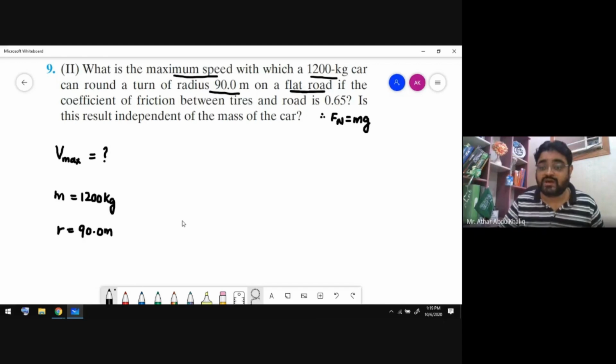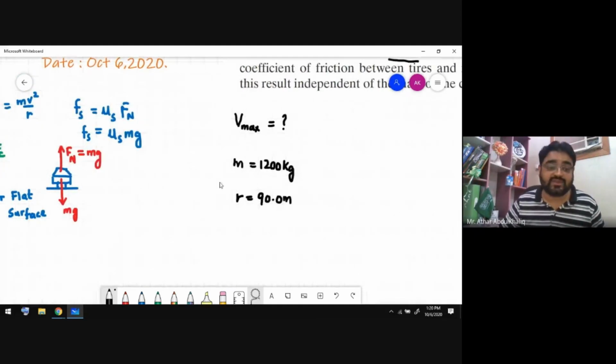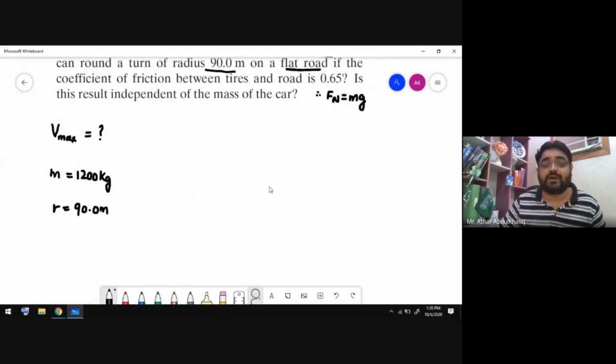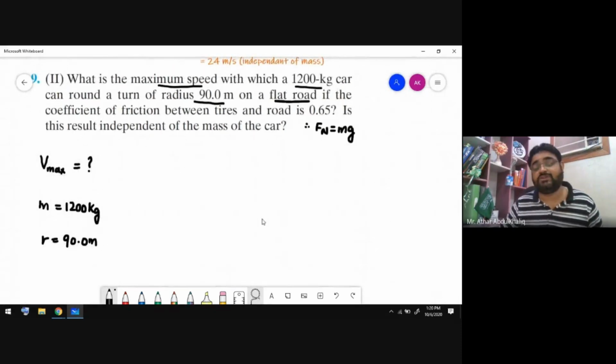So if I am going to use the equation of static friction, I will use this one: Fs is equal to mu s mg, because Fn is equal to mg. Okay, and the last thing, they gave us the value of mu. Mu is the coefficient of friction, I told you last time. They gave us the friction between the tires and road, mu s, that is 0.65.